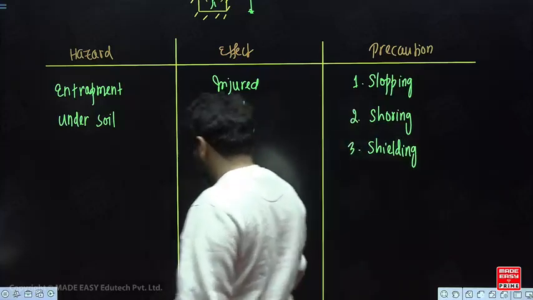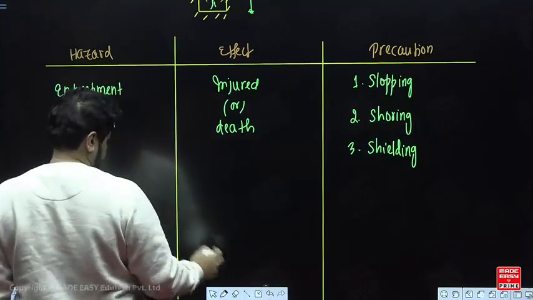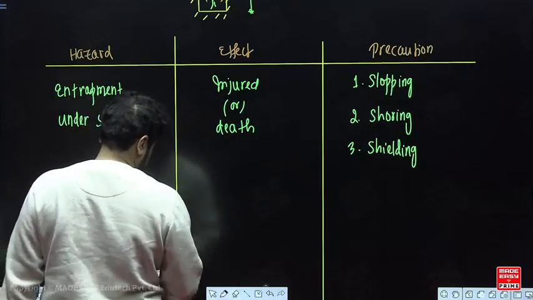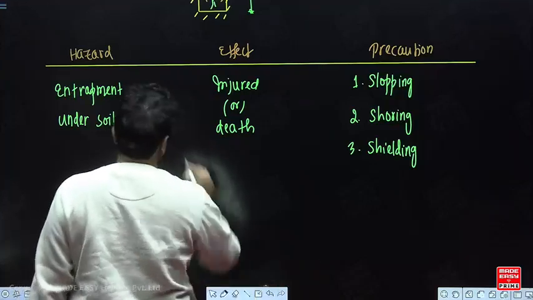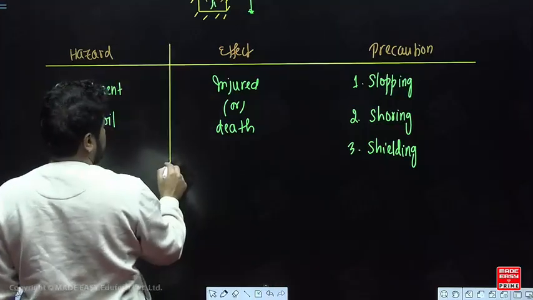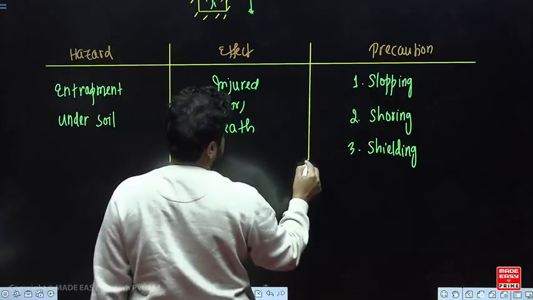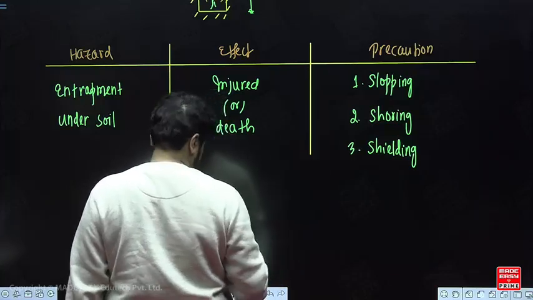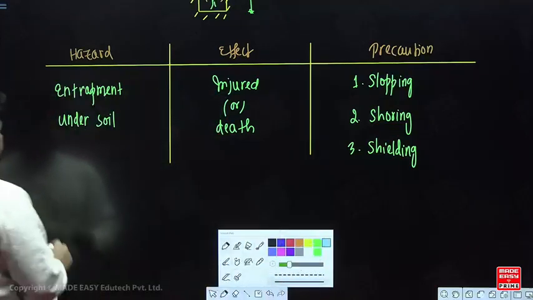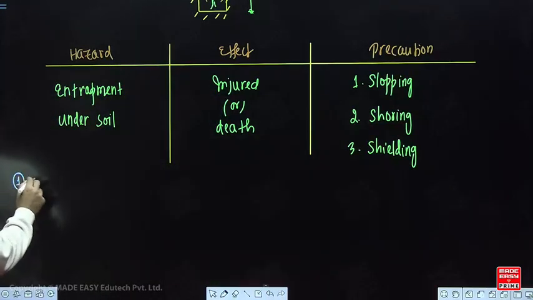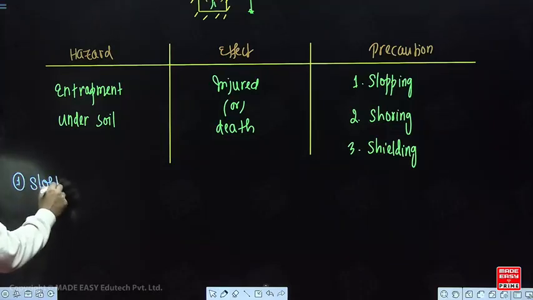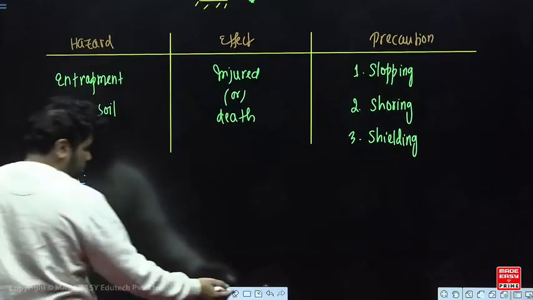Now what is basically shoring, shielding and all those stuff? Right. So what is shoring, what is shielding and what is sloping? So let us discuss that also. देखो sloping क्या होता है? First one is your sloping. If possible, do the sloping.